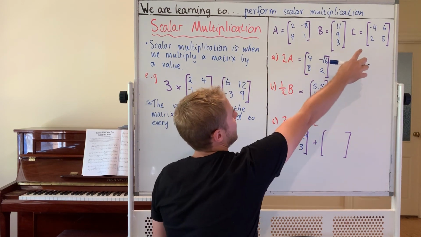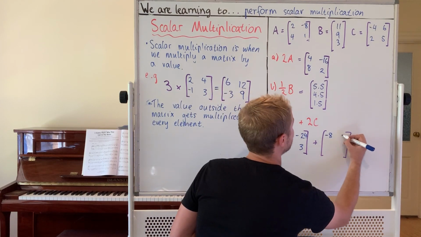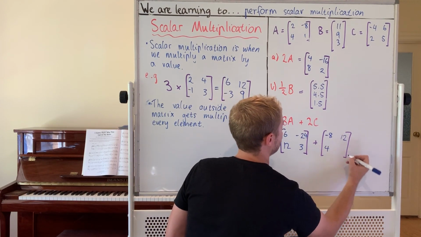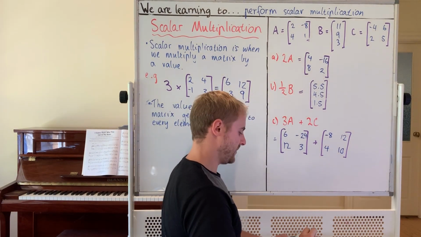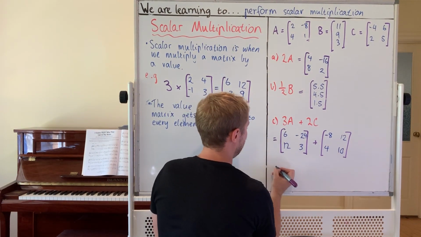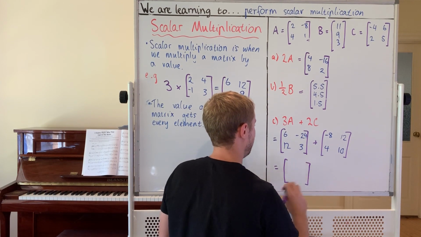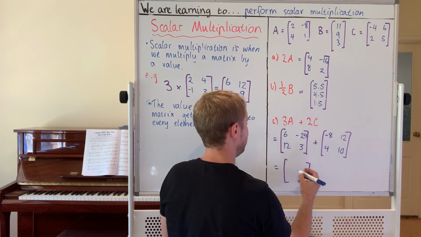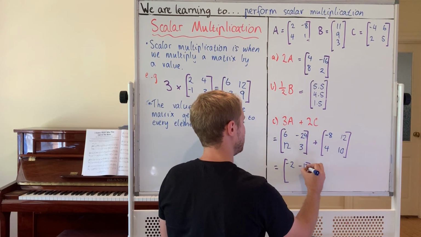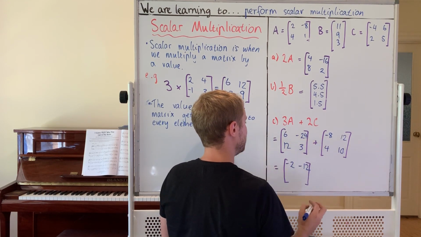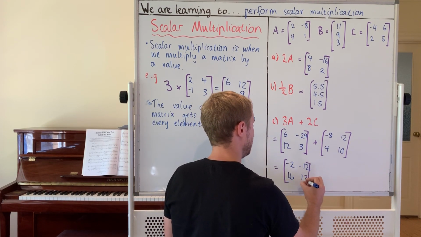And then 2 times matrix C, so times each of those elements by 2. Alright, leaves us with that. And then there's just one more step there to add those 2 matrices together. 6 plus negative 8 being negative 2. Negative 24 plus 12 is negative 12. 12 plus 4 is 16. 3 plus 10 is 13.